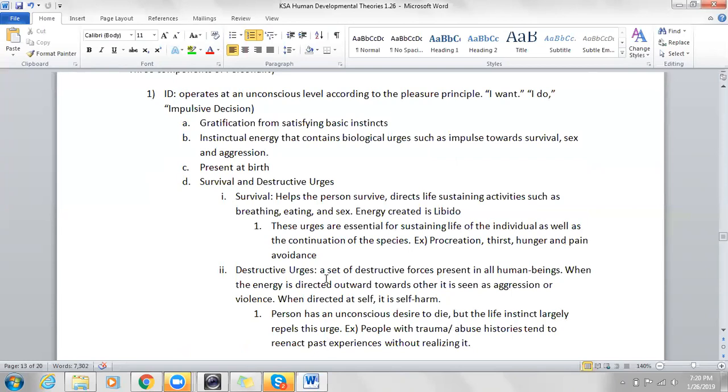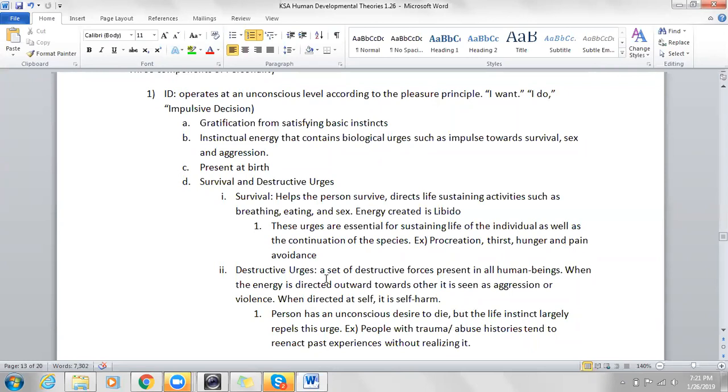So this one goes basically for gratification and satisfying any needs that it can by any means necessary. So this is instinctual energy that contains biological urges such as impulse towards survival, sex, and aggression. Very limbic system driven. And this is present at birth.